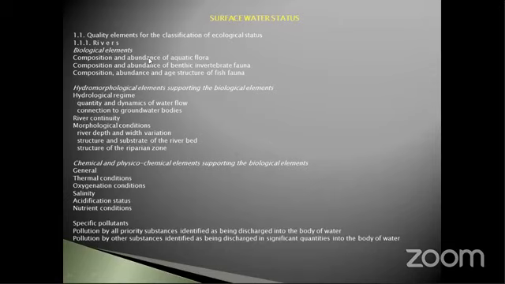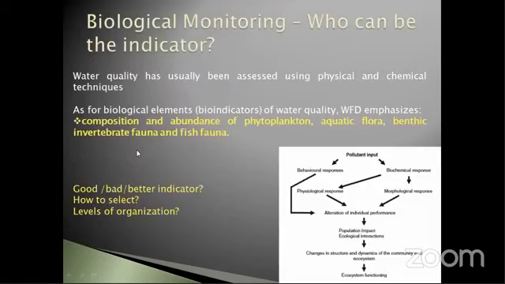For lakes, there is also phytoplankton. I already mentioned that a set of hydromorphological elements and chemical and physicochemical elements should serve as background for biological elements, which leads us to the biological elements, actually the bioindicators.